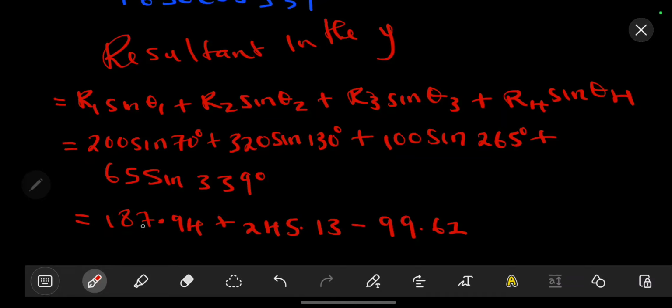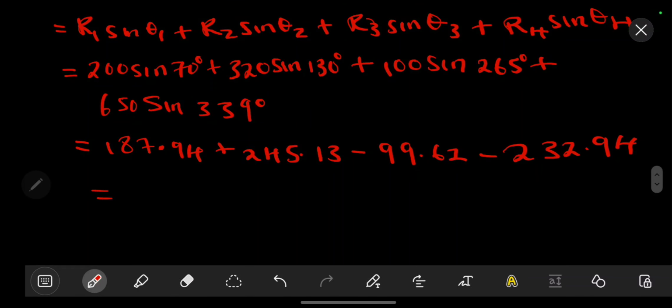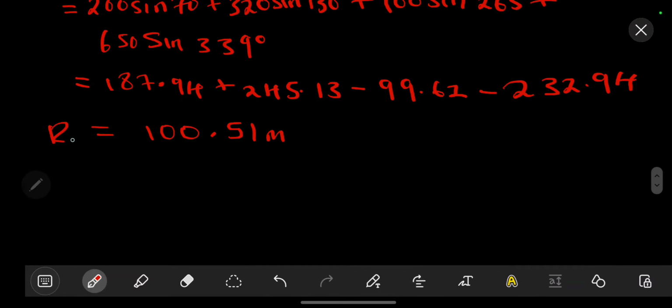Then we have our 650 sine of 339. This one also is giving us a negative 232.94. So after that, when we add these and subtract everything, our resultant is giving us 100.51 meters. So this is our resultant in the y.